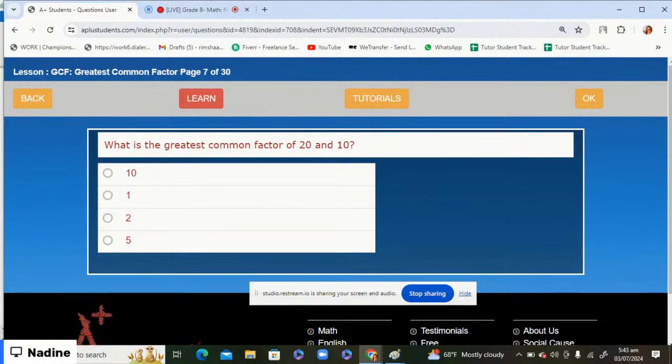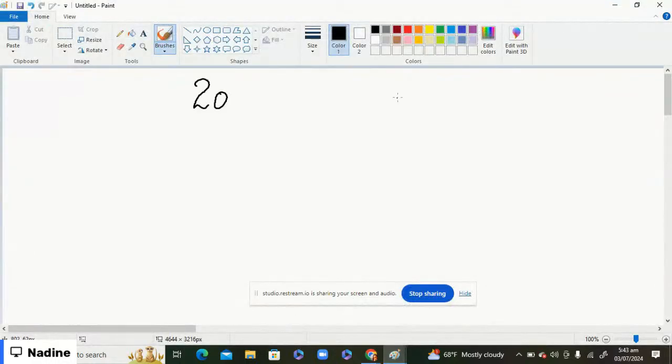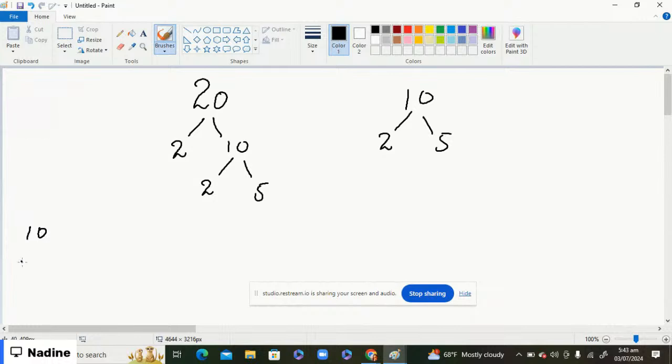Okay, now you guys tell me, what is the greatest common factor of 20 and 10? For example, here is 20 and here is 10. Let's just divide. 2 times 10 is 20. Then 2 times 5 is 10. Let's write for 10 and for 20.